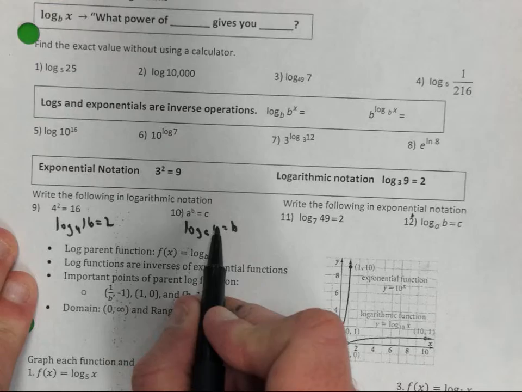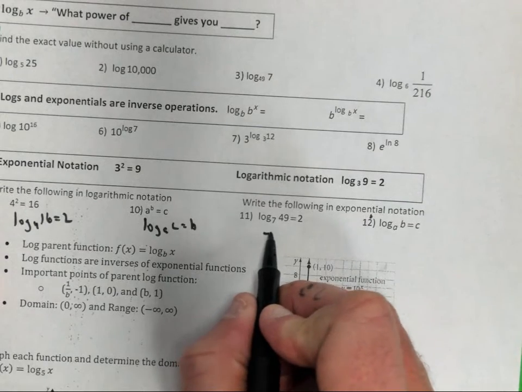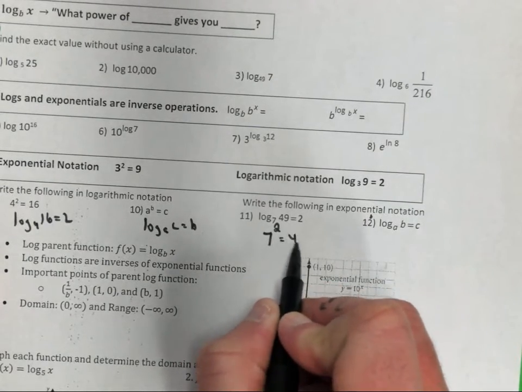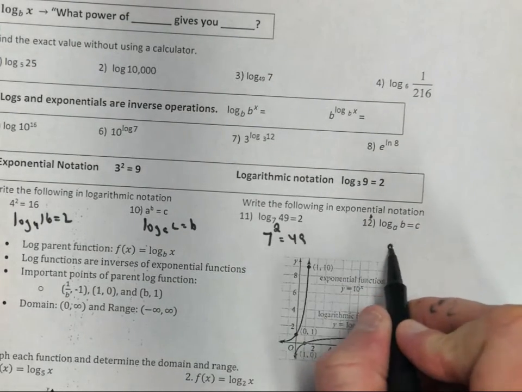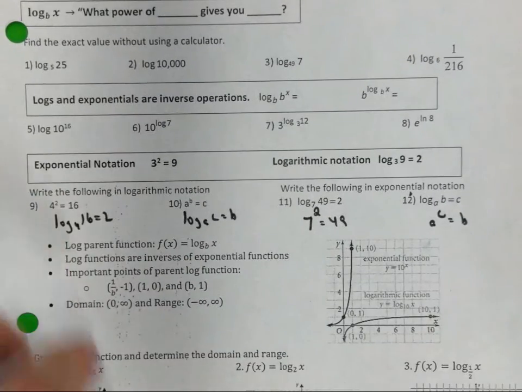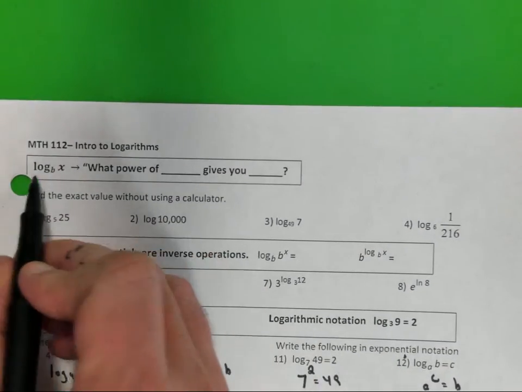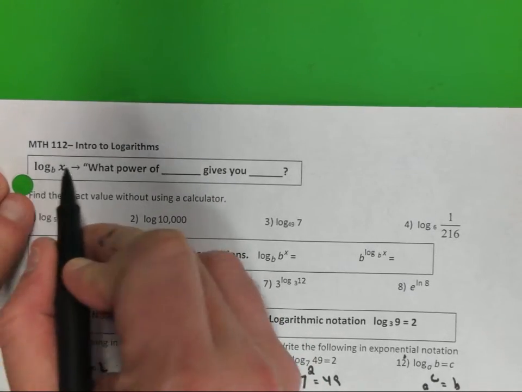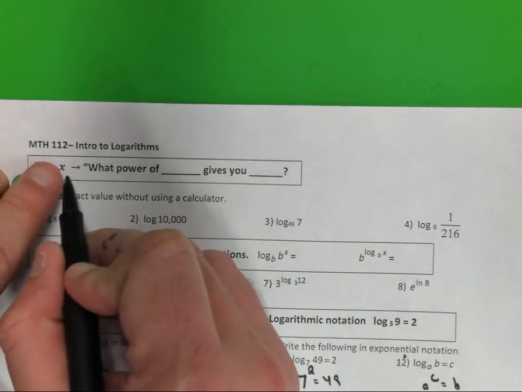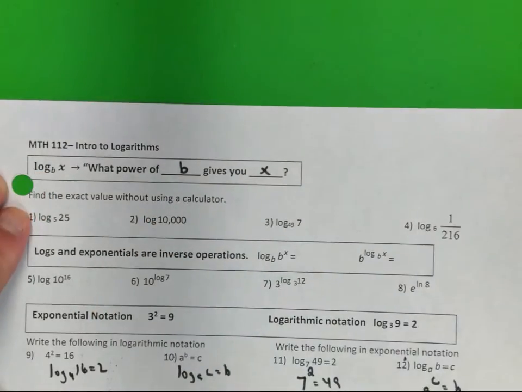Log base A of C equals B. Now, let's take these two logs and put them in exponential. What would the first one be? 7 squared equals 49. Very good. And then A raised to B equals C. All right, going back to the top. This basically says, if you see this format, what power of B gives you X? Okay?